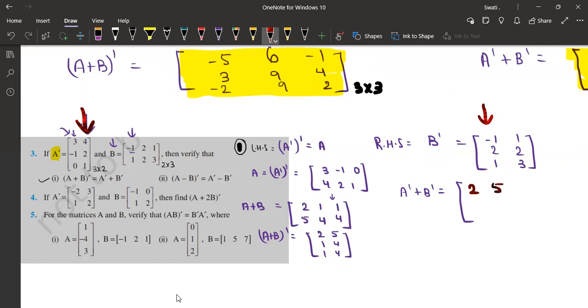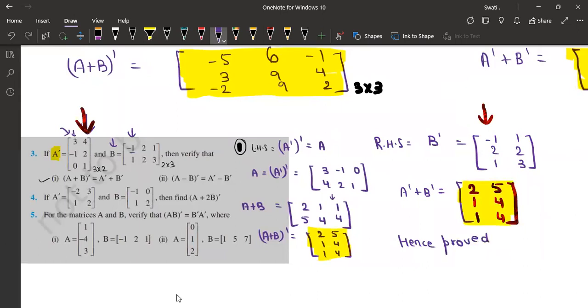Next minus 1 plus 2, that is 1. Next 2 plus 2, that is 4. 0 plus 1, that is 1. And 1 plus 3, that is 4. So this is our RHS. And you can clearly see that LHS is equal to RHS. Hence proved. You can write down hence proved.